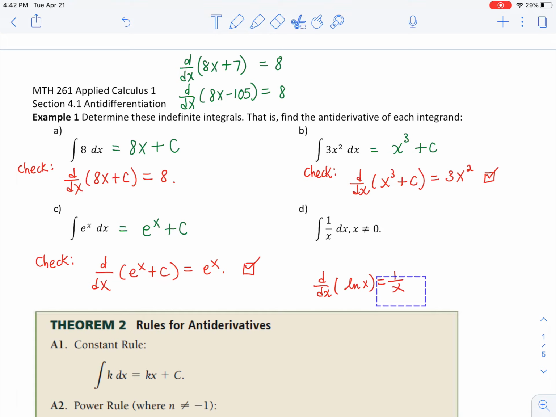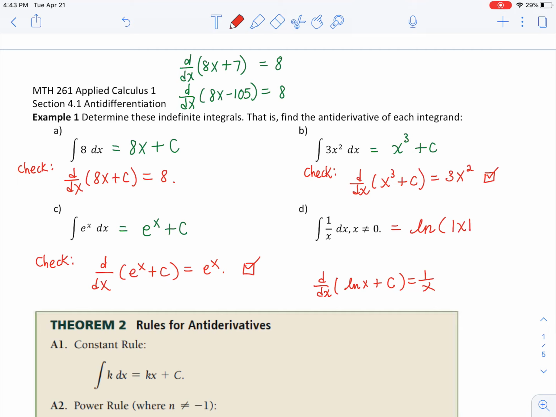I do want you to write it down very carefully, though, because here's the thing. You do know that the derivative of natural log of x is equal to what? 1 over x, right? Let me go ahead and add plus c, because if you take the derivative of natural log of x plus any constant c, that's going to give you 1 over x.